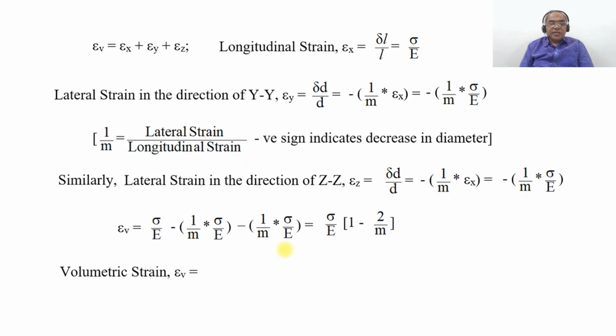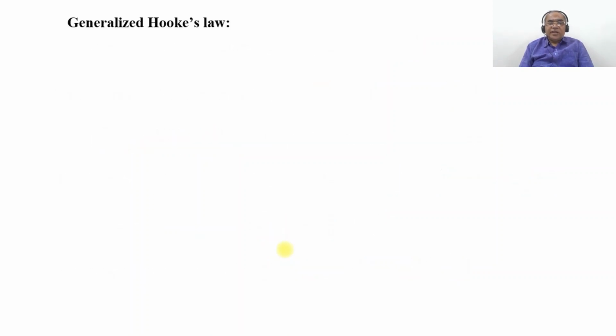So what is the volumetric strain? Epsilon v will be equal to sigma x by E into 1 minus 2 by m, which is epsilon x, meaning delta L by L, into 1 minus 2 by m. So this is the final answer for the volumetric strain using the prismatic bar.